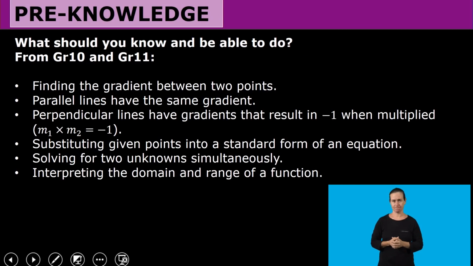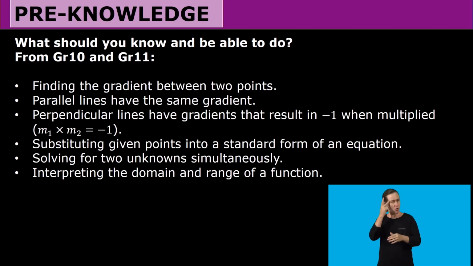Now, let's look at what you should know or be able to do from the lower grades, which is grade 10 and grade 11. Well, you should know how to find the gradient between 2 points. You should also know that parallel lines have the same gradient. Perpendicular lines have gradients that result in -1 when multiplied.